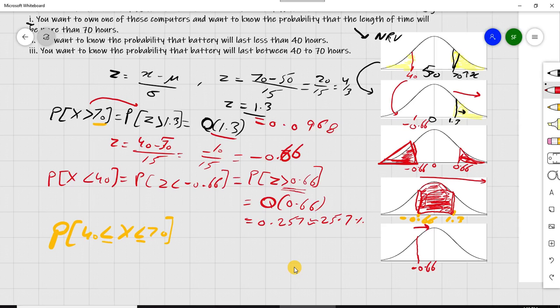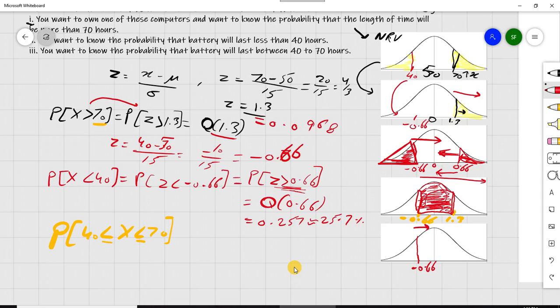So how much probability is there? The probability after minus 0.66, if you remember, is the same as the probability before 0.66, because of the symmetry. So what is the probability before 0.66? I have already found the probability after 0.66, which came out to be 0.257.